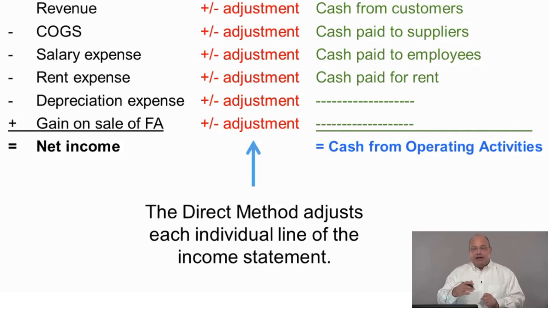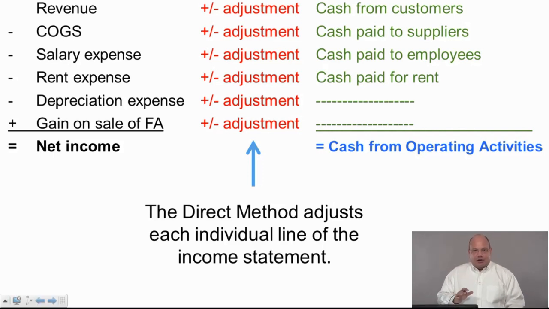Each individual line is adjusted, and so we get kind of a similar statement as the income statement because revenue became cash from customers. Cost of goods sold became cash paid to suppliers. Salary expense became cash paid to employees. So that's the operating activities and the adjustments and the way it's presented under the direct method.